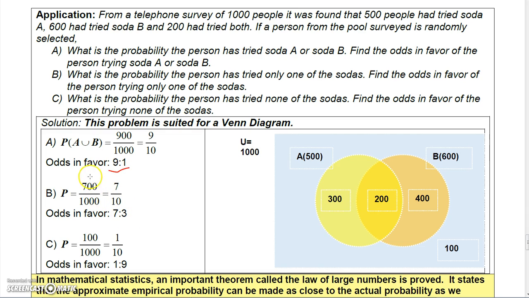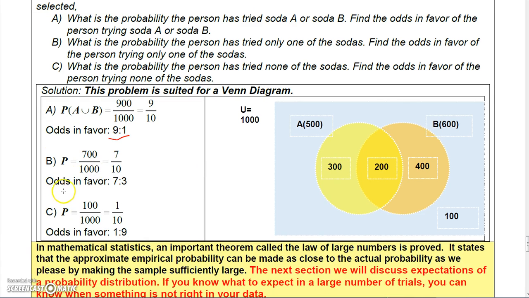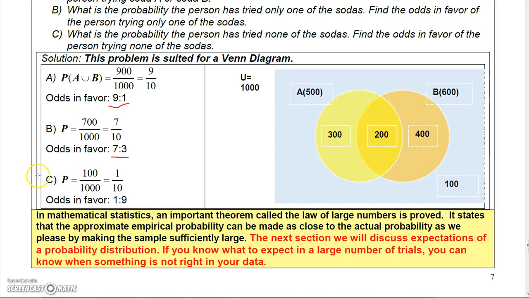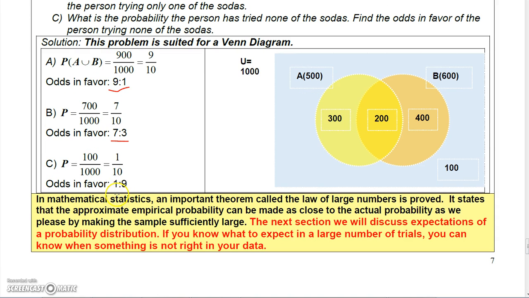And then for the other 2 questions, you can look at the Venn diagram and answer those as well. The probability that they tried only 1 soda would be 300 plus 400, so that's 700 out of 1,000, which is 7/10, which converts to 7 to 3 odds. And then the last one is 100 out of 1,000, and it converts to 1 to 9 odds.